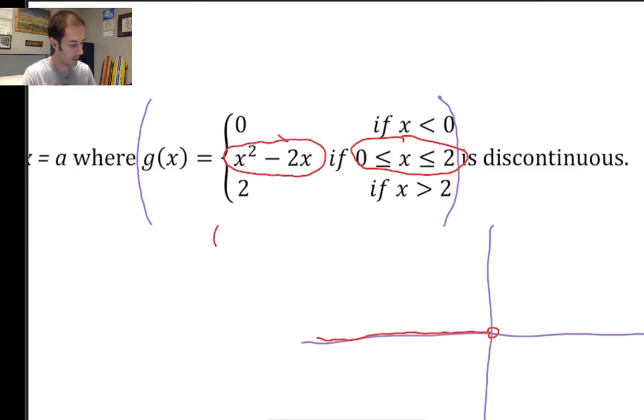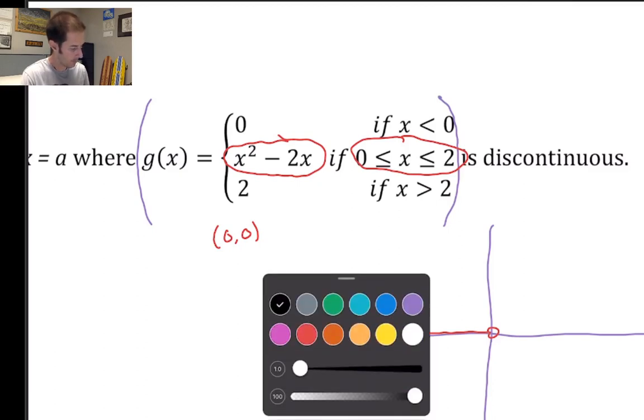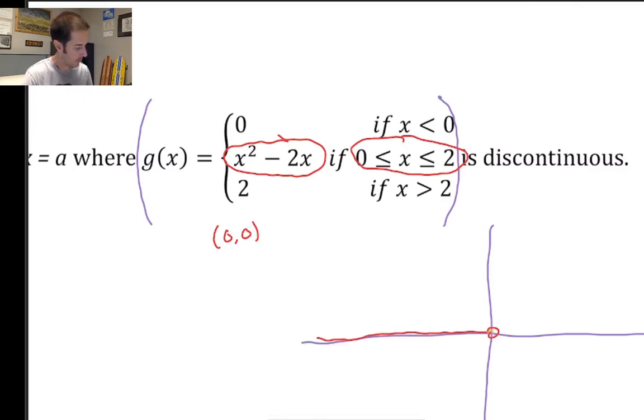So we would need to plot the point 0, 0 as part of the graphing of this middle piece of our piecewise function. And thankfully, let's grab another color here. Never enough colors. That would fill in this open circle right here, right at the origin.